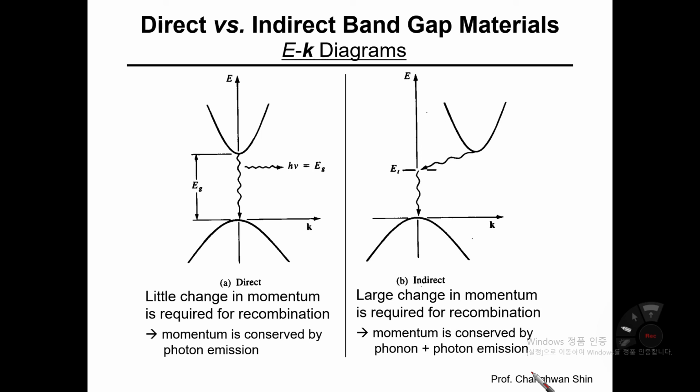But in this slide, what about drawing the energy versus K diagram? So what is this K? K means the momentum of the free electron. On the y-axis, let's place the energy of the free electron, and on the x-axis, the momentum of free electrons. Then what kind of curve shape can we predict? Based on your knowledge, we can do that.